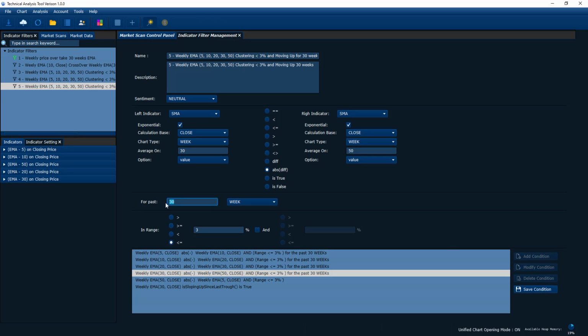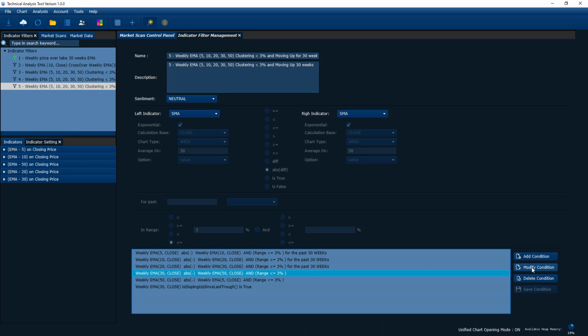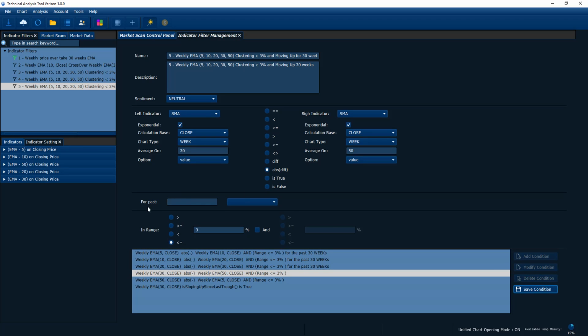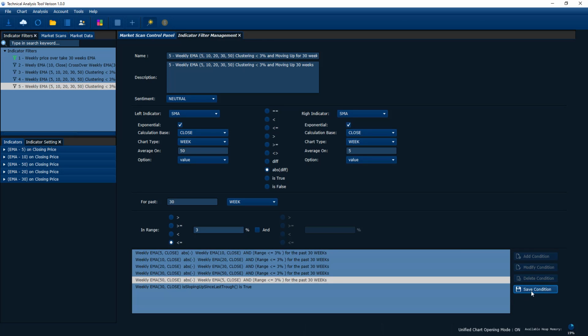If you have not saved it, basically what you can do is modify the condition, and when you see this is enabled for the past so many, you need to select, because we check the weekly chart, we pick week here and specify how many weeks. For this example, I want to see the moving averages stick together for the past 30 weeks, give me all these shares, and this range has to be within 3%. So we modify it and save it.